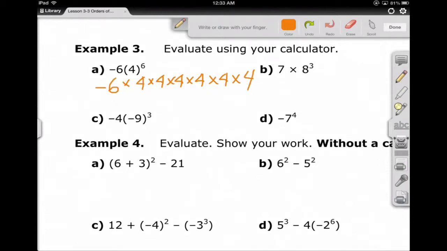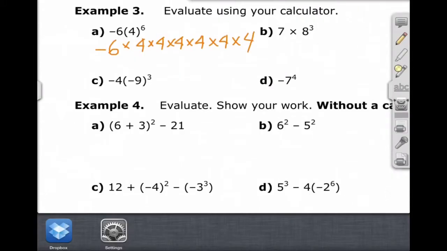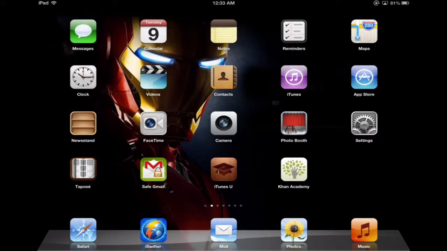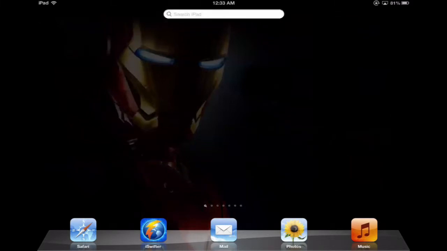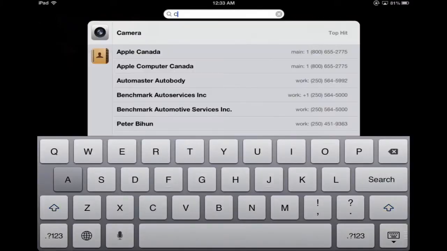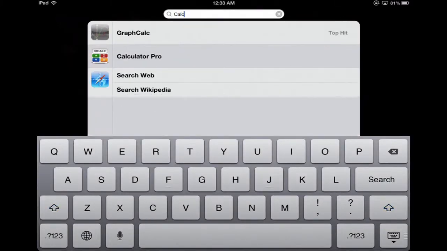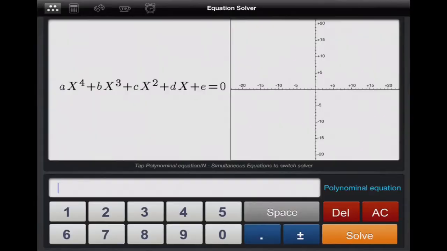Okay, so if you're on your calculator, I'll pop out to a calculator that I have built into the iPad, show you what that answer is. There we go. I always find it easiest on an iPad to do that. There we go, Calculator Pro. And let's go to just sort of some standard calculator work.